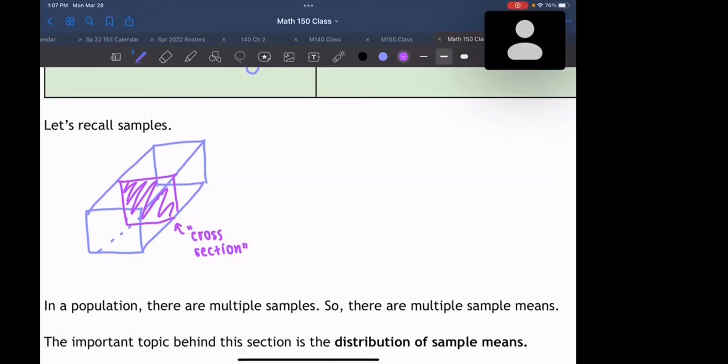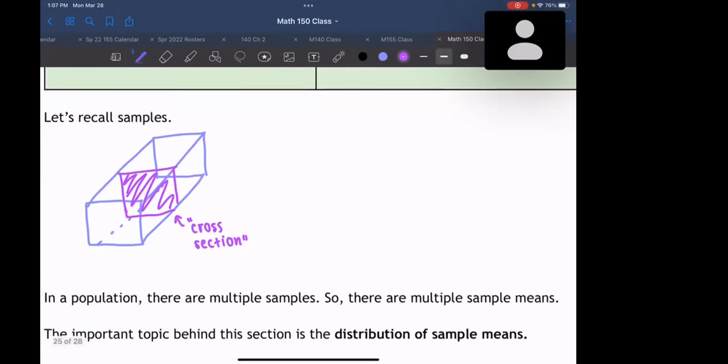Could I have taken it a little bit closer to the front? Yeah, right. It didn't matter that I took that specific cross section. I could have even sampled the very front, right? Or the very back. Trying my drawing skills out here.